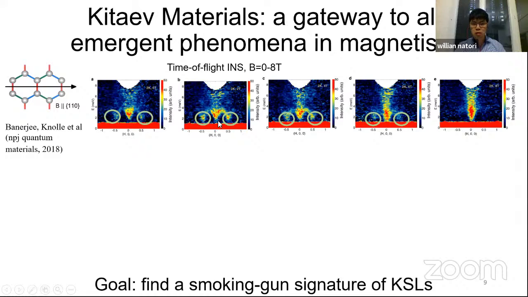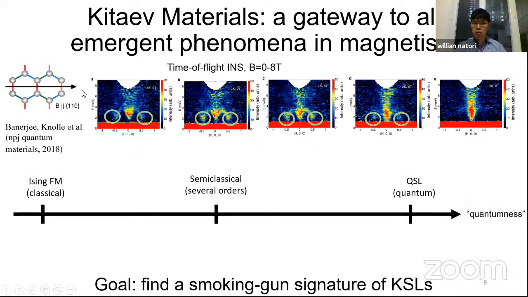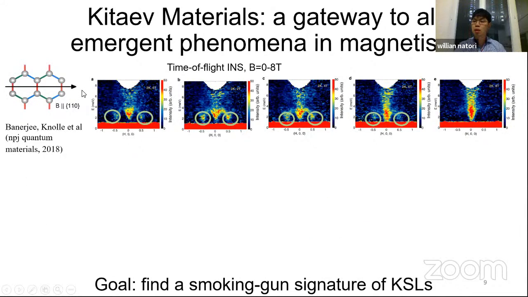These circles here in green are pointing to this M point that corresponds to the order of the zigzag phase. And you see that it progressively vanishes as we apply a magnetic field on the honeycomb plane, up until this 8 Tesla picture in which there is no longer any sign of order.